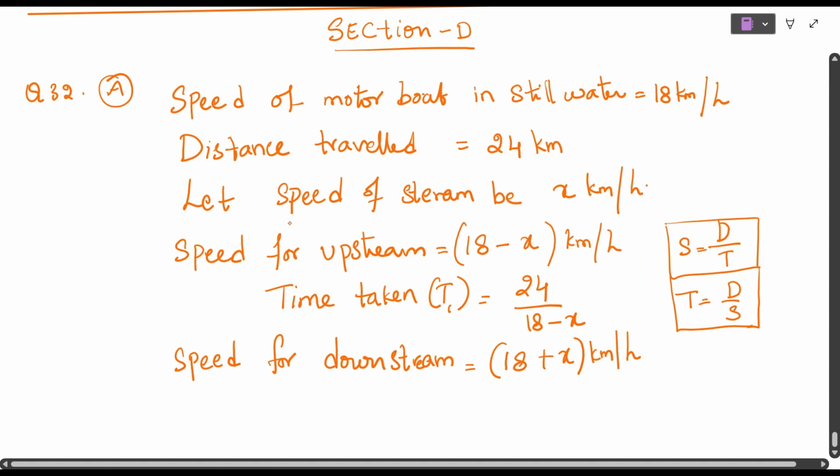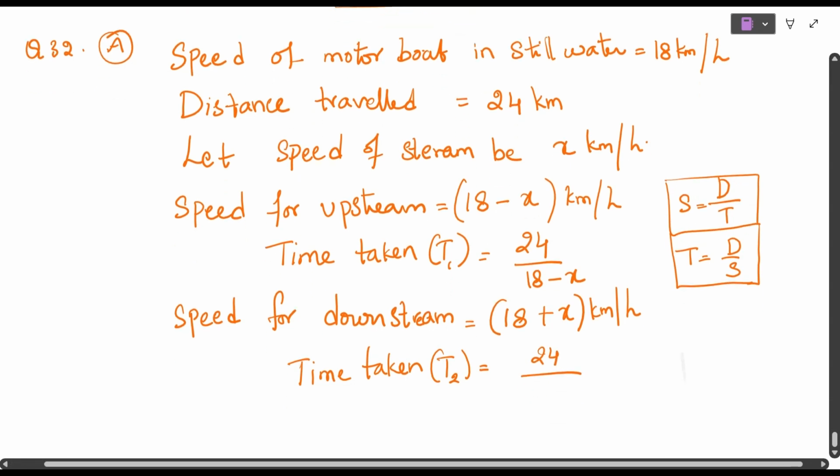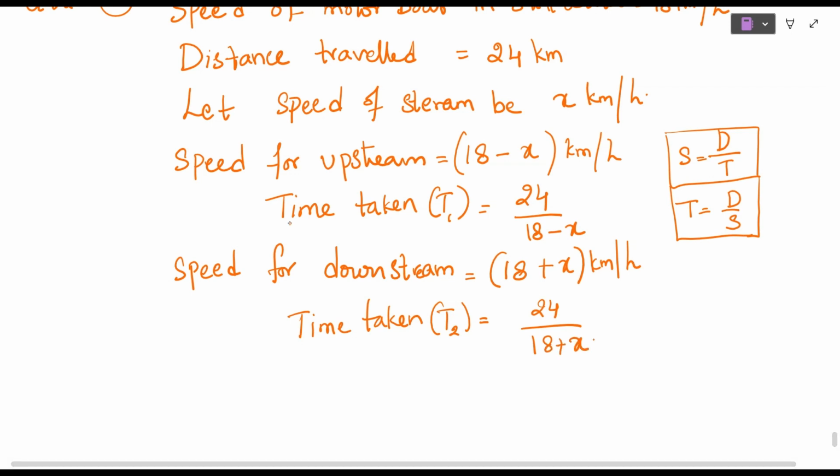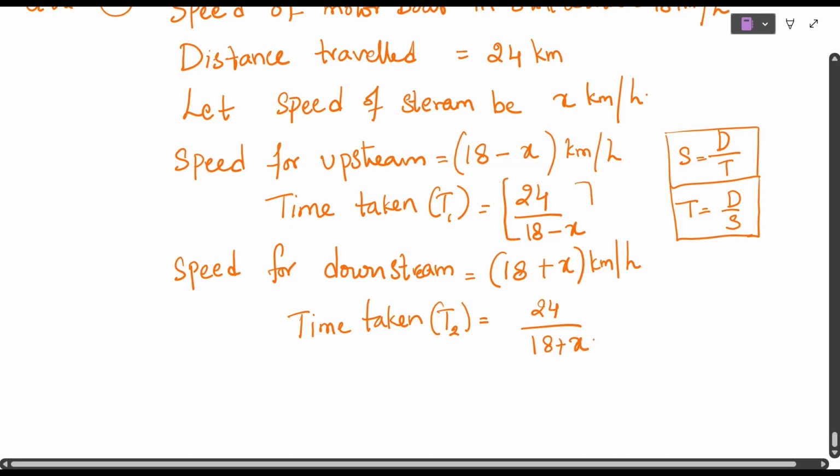Now the time taken for downstream, let us take this as T2. The distance is the same for both upstream and downstream. Distance by speed, speed is 18 plus x. So this is time 1 and this is time 2, upstream time and downstream time.